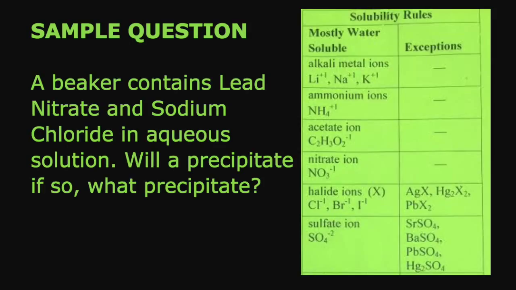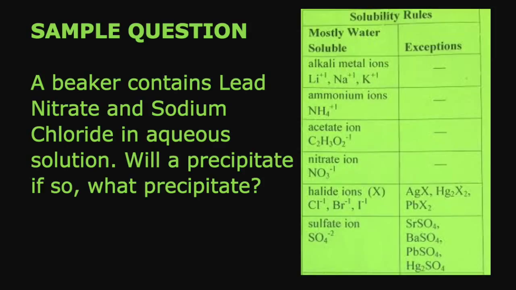So this is a sample question about the solubility rules table that you might find on a worksheet or a test. If a beaker contains lead nitrate and sodium chloride in aqueous solution, will a precipitate form, and if so, what precipitate? By reading the solubility rules table, you can see that lead nitrate is water soluble, and so is sodium chloride.